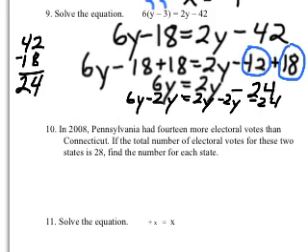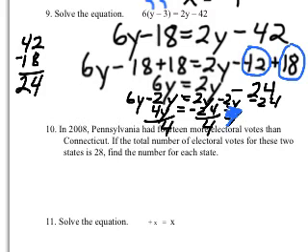Okay, 6y minus 2y is 4y. I'm going to have to write small here. 4y equals negative 24. Now we can divide by 4, and we end up getting, color this in, make it look pretty.